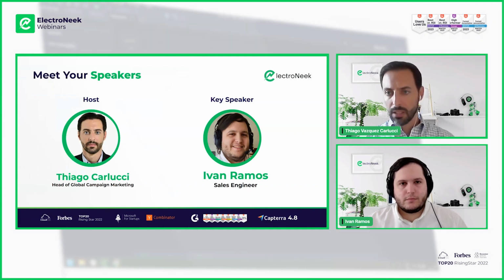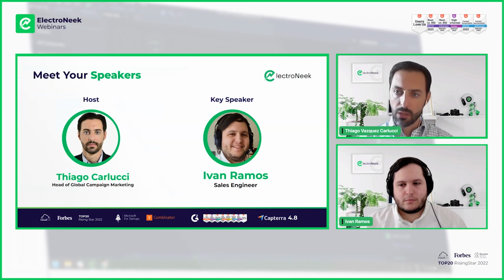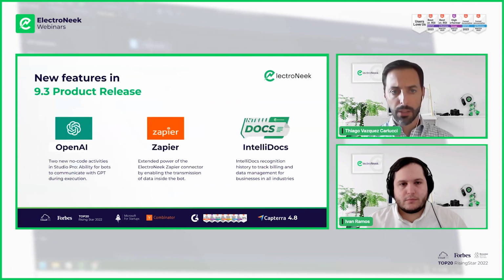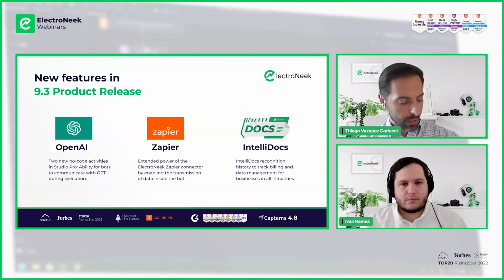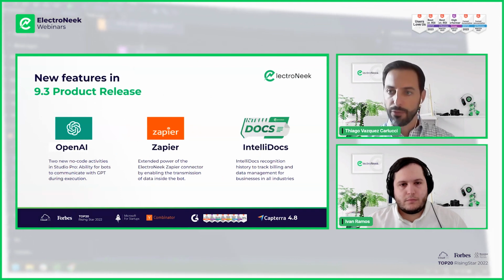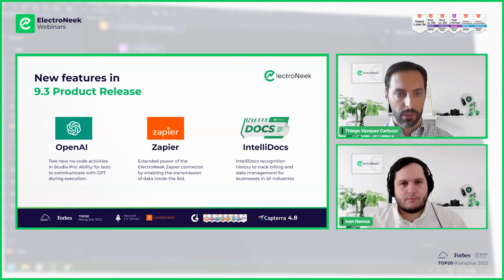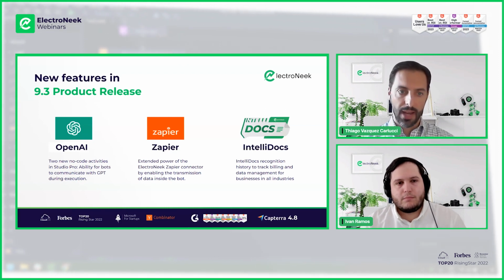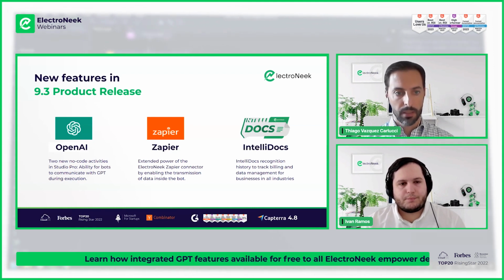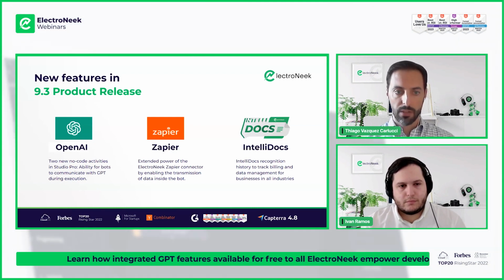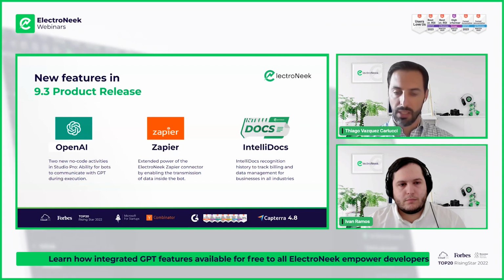Okay, so a quick introduction from my side, and then I'll pass the word to Ivan. Today, we're going to look at the three different fronts of improvements and new features that we bring in the 9.3 release, which are OpenAI, where we have two new code activities in Studio Pro with the ability for bots to communicate with ChatGPT.